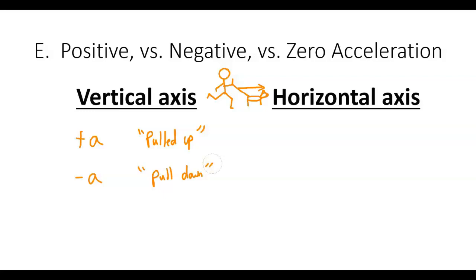Okay? So it's kind of like a pull on the object. It's causing it to speed up or slow down, which is kind of like it's being pulled. On a horizontal axis, of course, then a positive acceleration means that you're being pulled to the right, kind of like our guy walking his dog there. And a negative acceleration would mean that you're being pulled to the left.